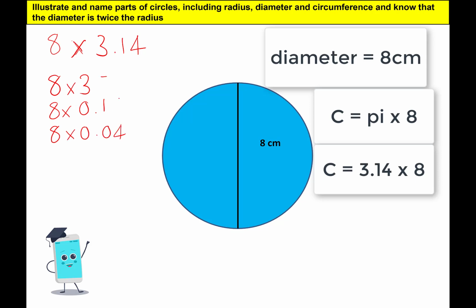I have simply partitioned my 3.14. 8 times 3 is 24. 8 times 0.1 is 0.8. 8 times 0.04 is 0.32. And then I can add my numbers up.